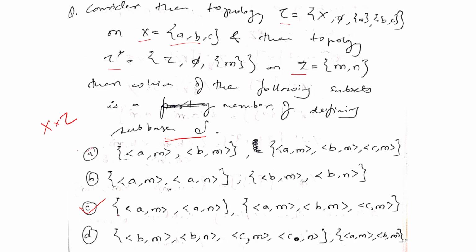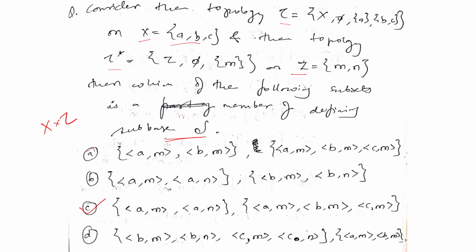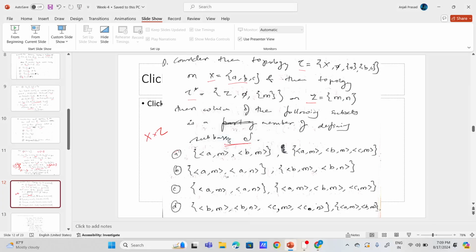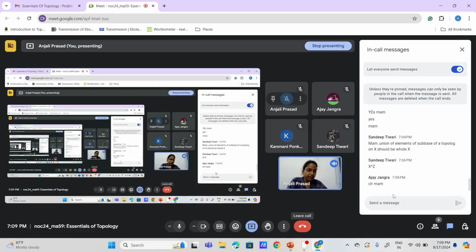You can check it. Just try once, check all the options and see what you are getting. I hope it is clear. If you have any doubt, you may ask, or if you want me to repeat it, I'll repeat the answer.